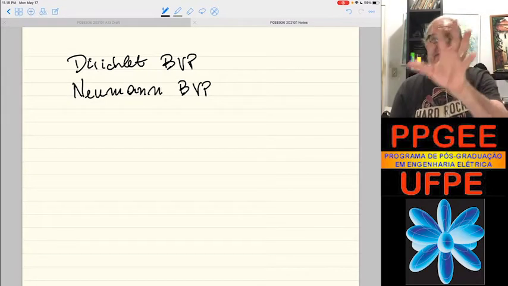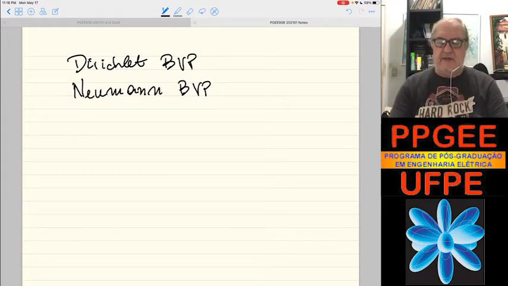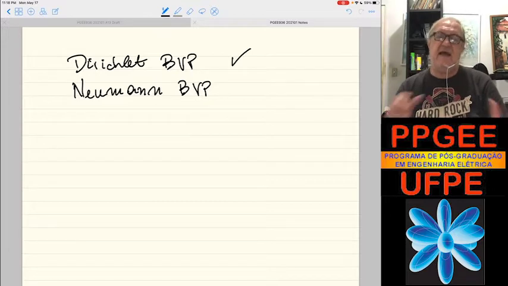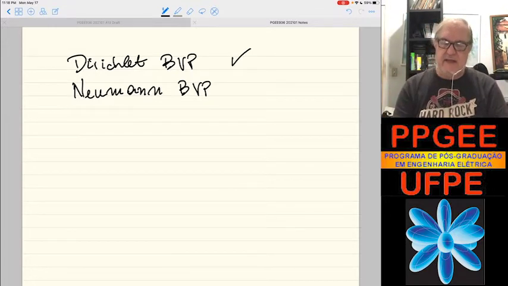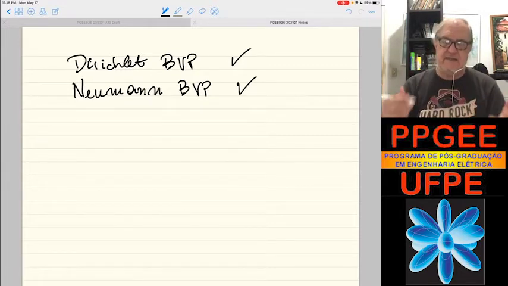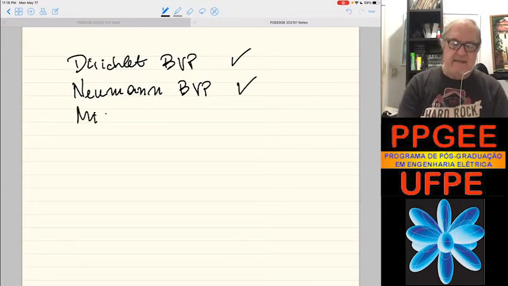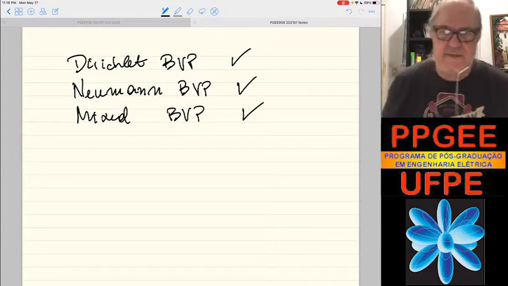We are talking about the Green's function that helps to determine the potential. For the Dirichlet boundary value problem, we have a Green's function that handles that problem. The Neumann boundary value problem has a Green's function that handles that problem. Then we have a mixed boundary value problem, as we described in a previous lecture. Okay?